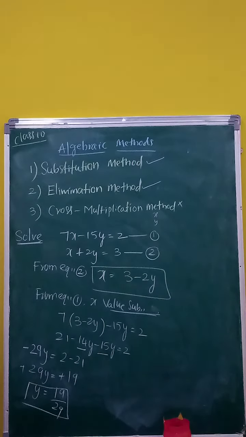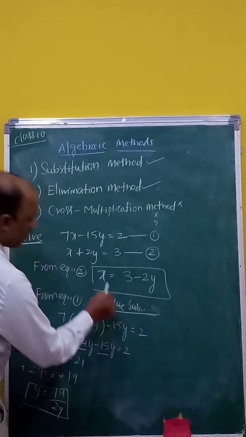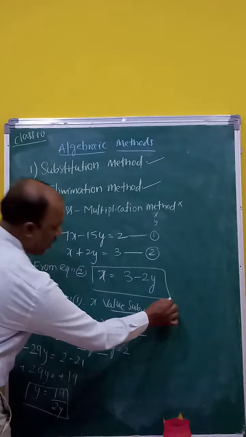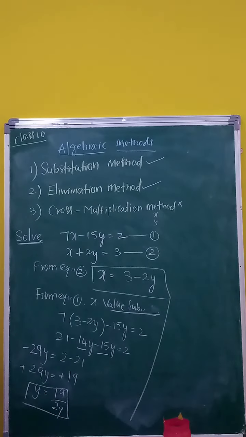Now find the x value. We know already x is equal to 3 minus 2y. Just substitute in the place of y; the y value is 19 by 29.